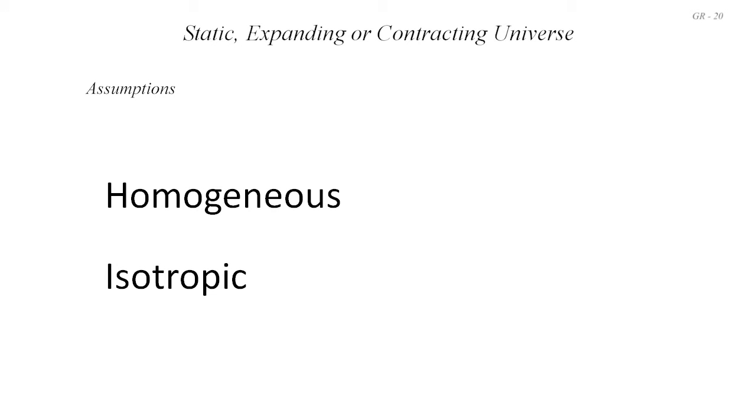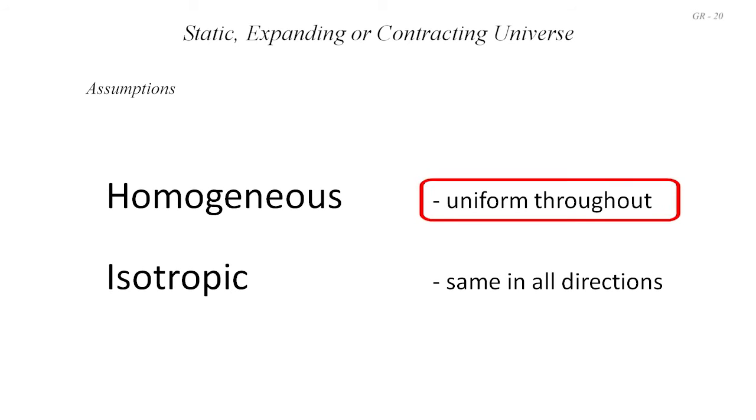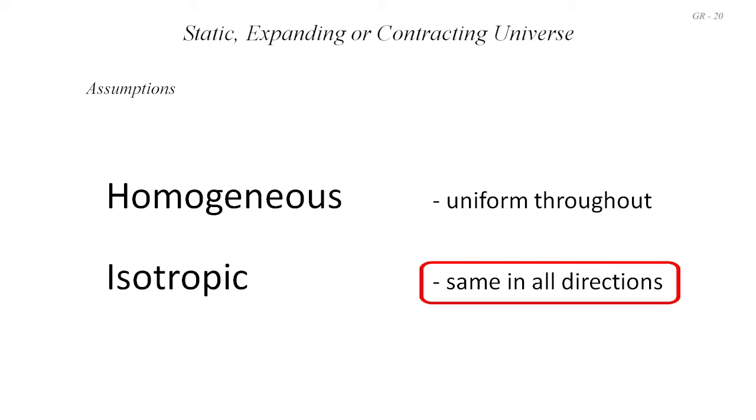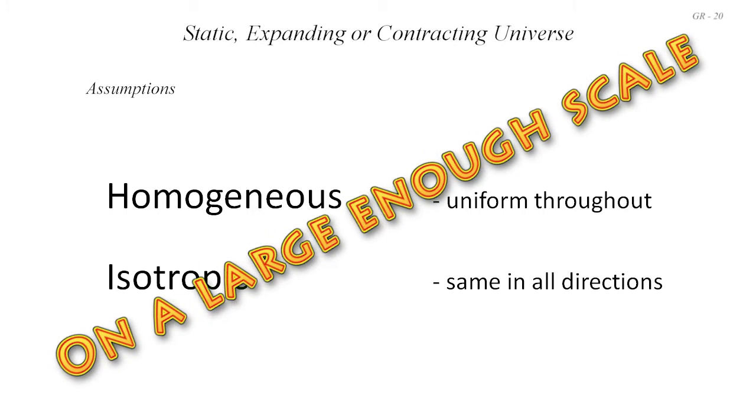What we mean by these two terms is that on a large enough scale, the universe can be taken to be uniform throughout, and that it looks the same in all directions. And the key to accepting these assumptions is the phrase, on a large enough scale. We ignore totally the possibility that any local parts of space can be inhomogeneous or irregular.